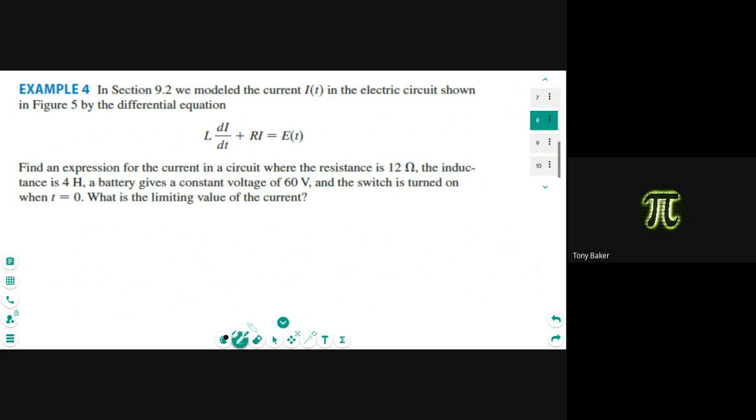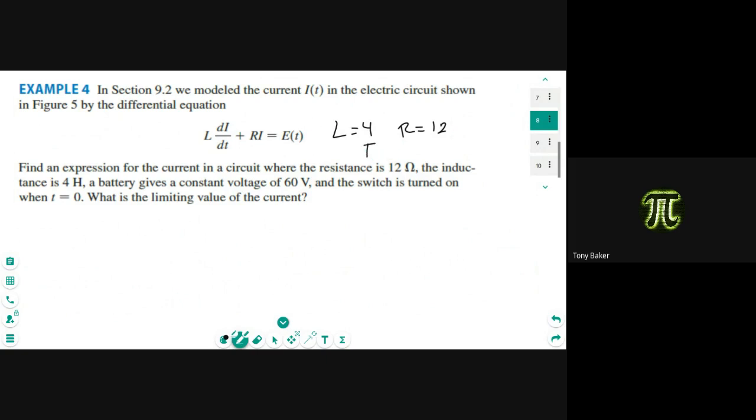For those of you who do not know anything about electricity and electrical circuits, the L stands for inductance. So the L in this case is 4. So L equals 4. R, resistance, is 12.